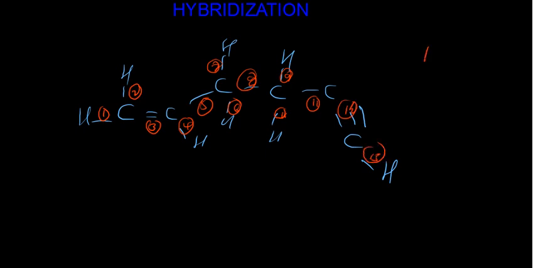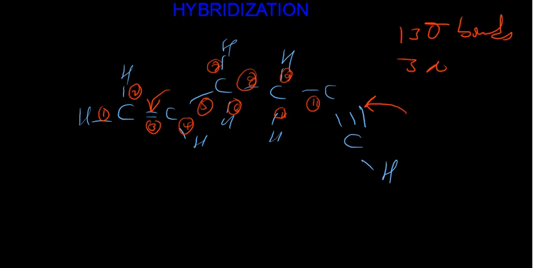So we have got 13 sigma bonds. What of the pi bonds? How many pi bonds do we have? So 13 sigma bonds. Now pi bonds, you just go to the double bond. A double bond has got one pi bond, and then a triple bond has got 2 pi bonds. So 1 plus 2, only 3 pi bonds in this compound.